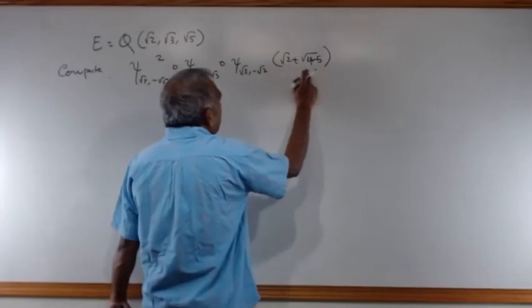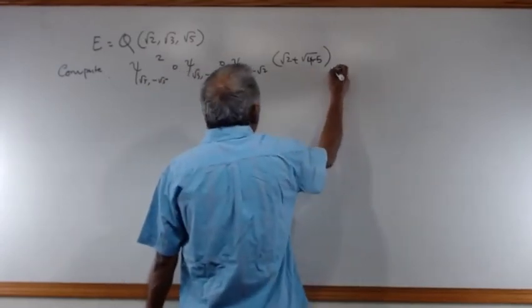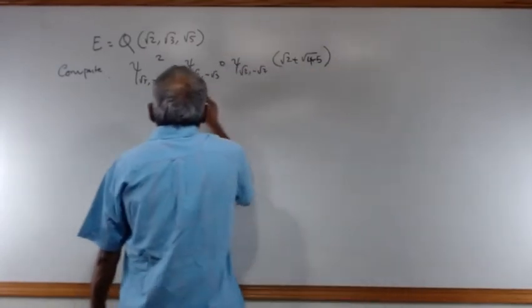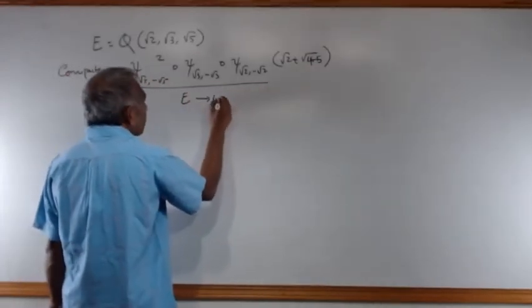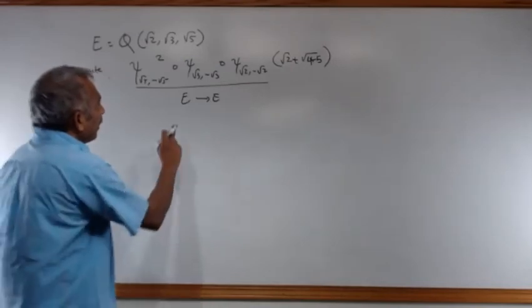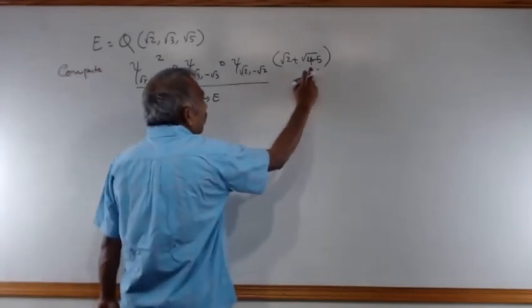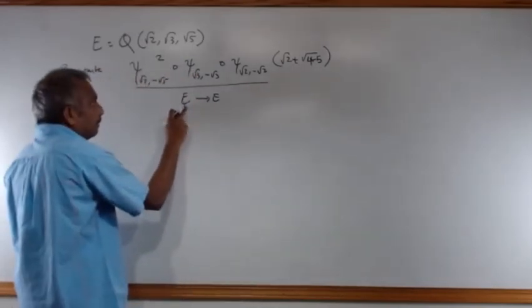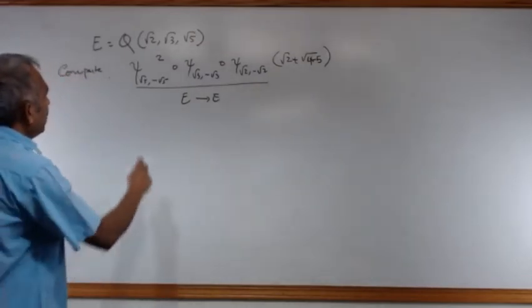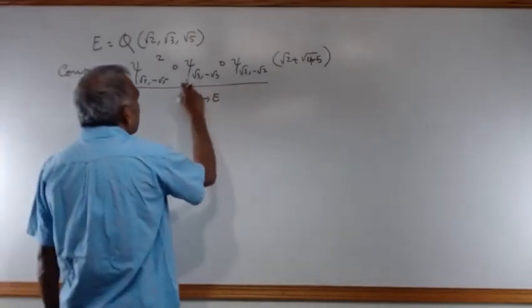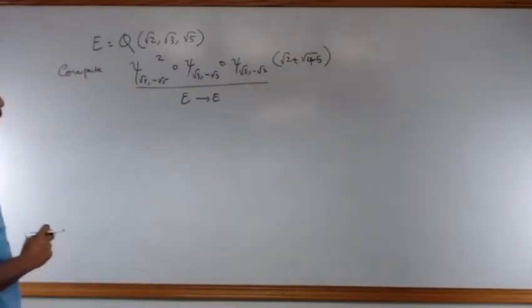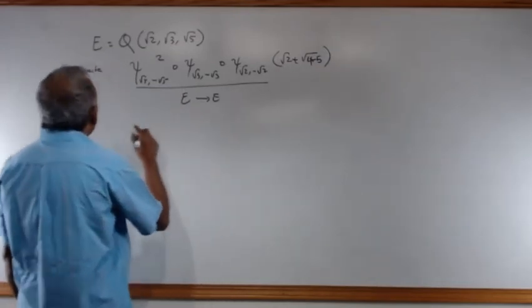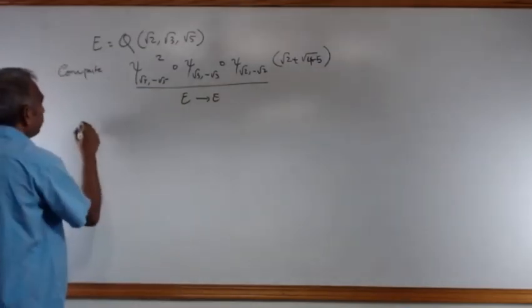This composition is from E to E. Root 2 plus root 45 is from E. And each of these are automorphisms, so the composition is also in E.